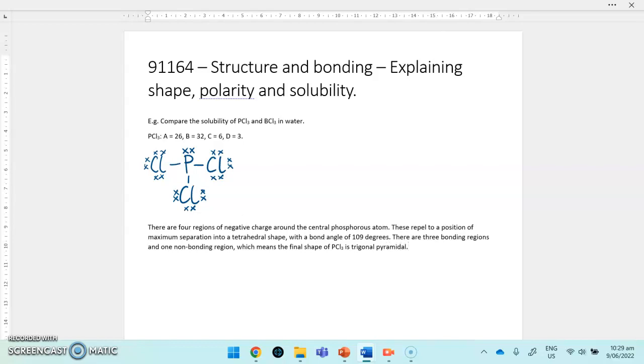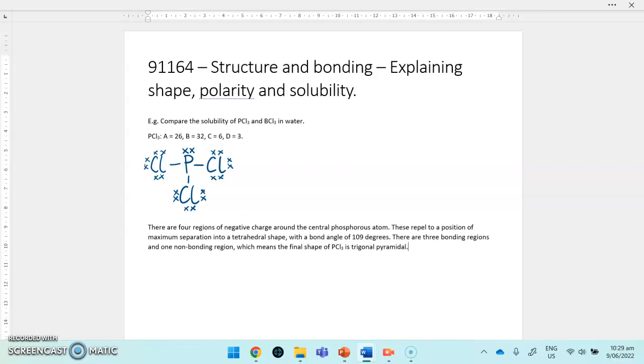Okay, so that's explaining the shape. So we draw the Lewis diagram, we look at how many regions of negative charge there are, what the base shape is, which in this case is tetrahedral, and then depending on how many of the regions are bonding and non-bonding, it gives us the final shape, which in this case is trigonal pyramidal.